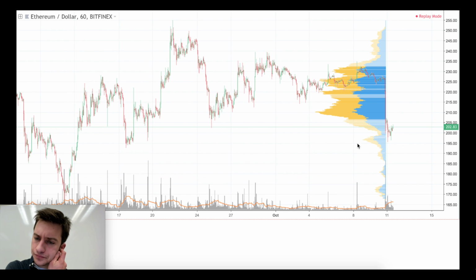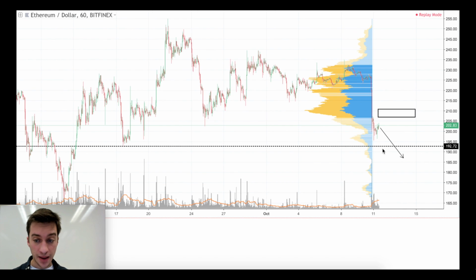What do we see? Well, price is here. I'm seeing a ton of volume being traded here, as you can see right there, and a good amount of volume being traded here. This seems to be a high volume range. What do I see down here? I'm not seeing really any volume being traded here at all.